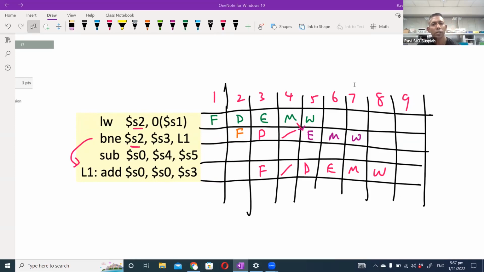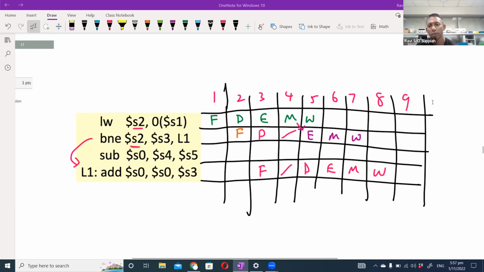For the BNE instruction, is it possible to stall right after the fetch stage? Right after the fetch stage, it will stall when it reaches the memory stage.